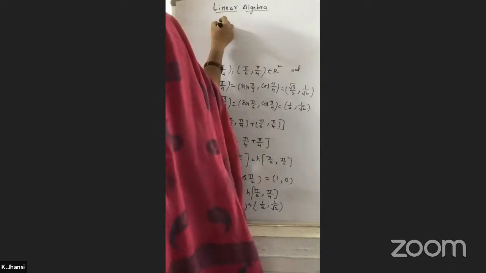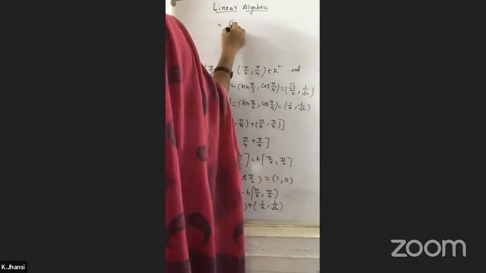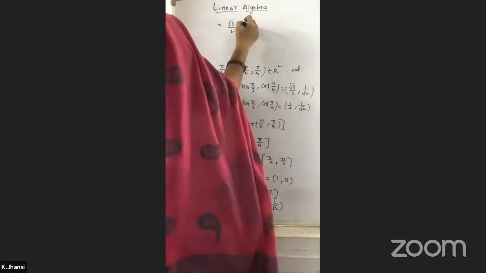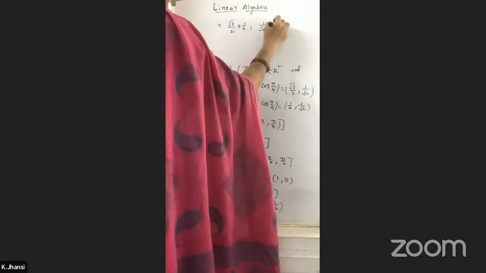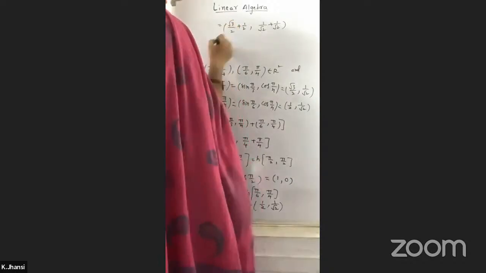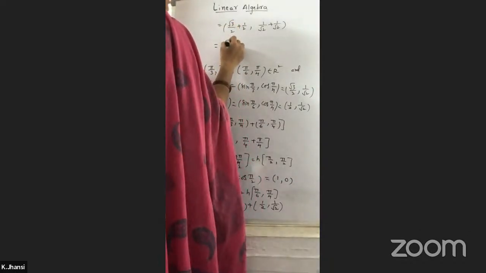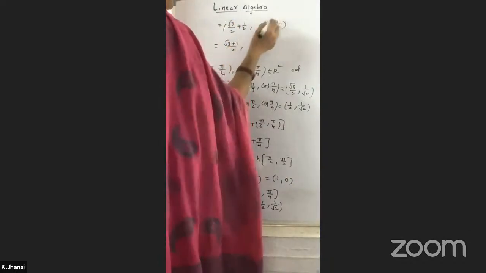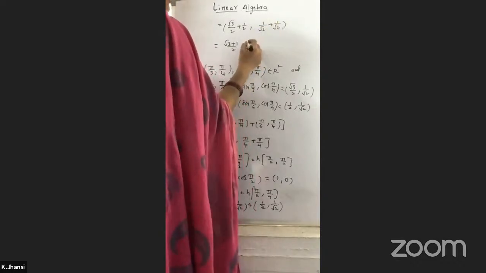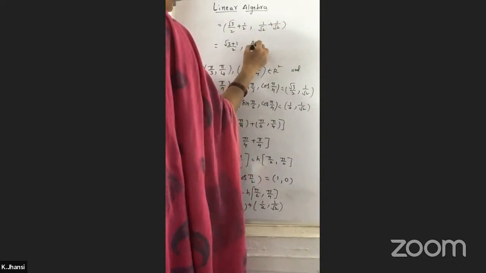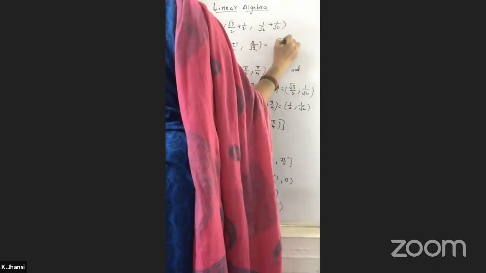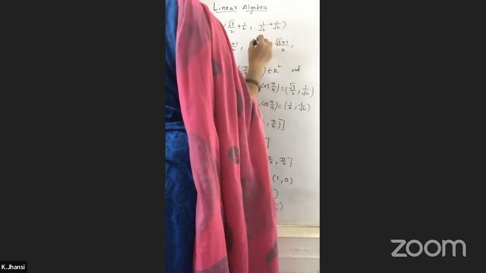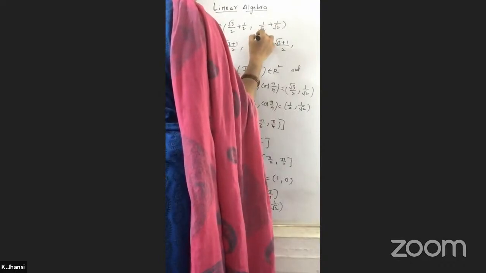If you add that, you will get root 3 by 2 plus 1 by 2, comma 1 by root 2 plus 1 by root 2. So it is equal to root 3 plus 1 by 2, comma, this is 2 by root 2. You can write this 2 as root 2 into root 2.